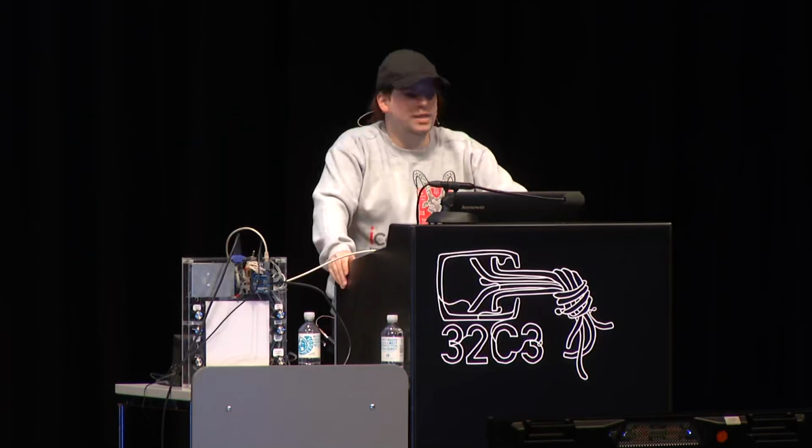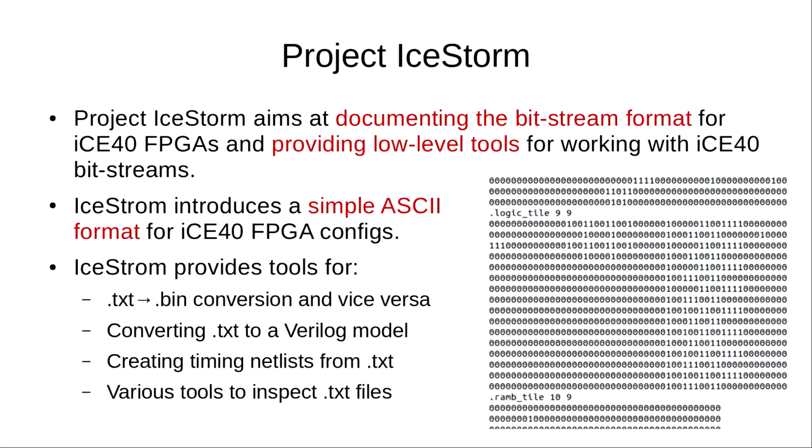Good, so with Project iStorm, we had a detailed look at these FPGAs, and we documented the bitstream format, and we wrote these low-level tools that can be used to work with bitstreams. And we also defined a very simple text file that can be used to specify each and every individual bit in the configuration. On the right of this slide, you see a little excerpt of what this text file looked like.